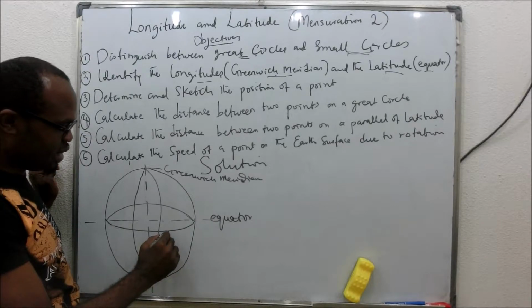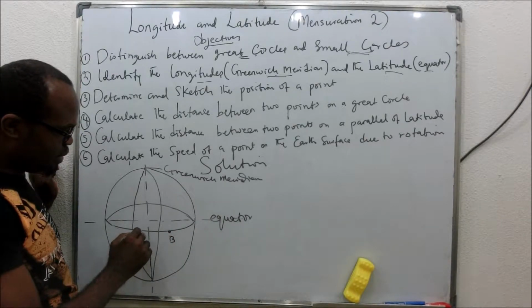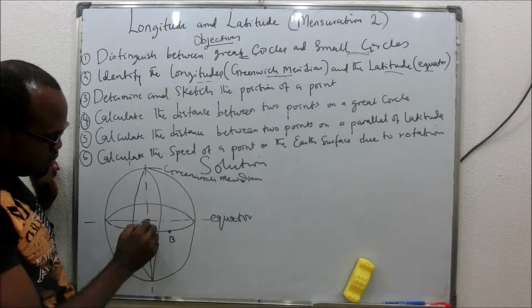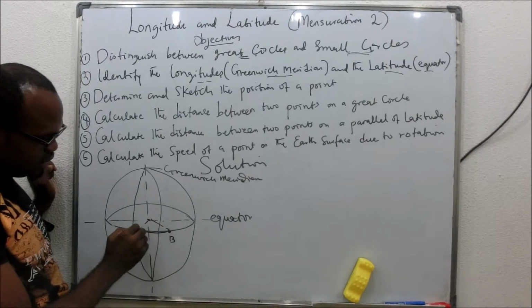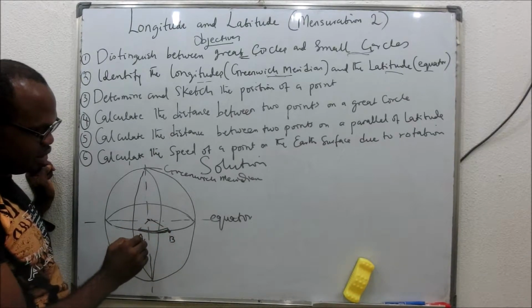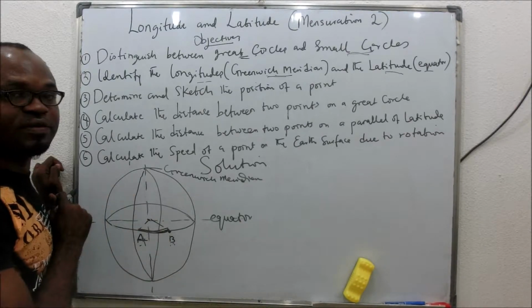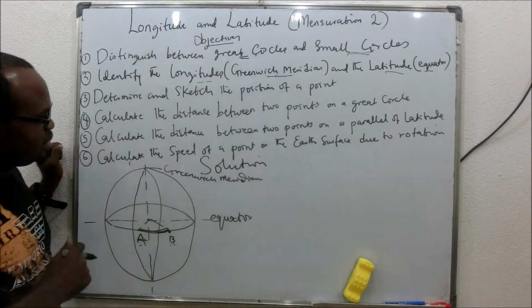So let's say you want to calculate the distance between point B and point A. You should be able to find a way of calculating this distance between point B and point A. So it's part of the things we are going to be learning under longitude and latitude.